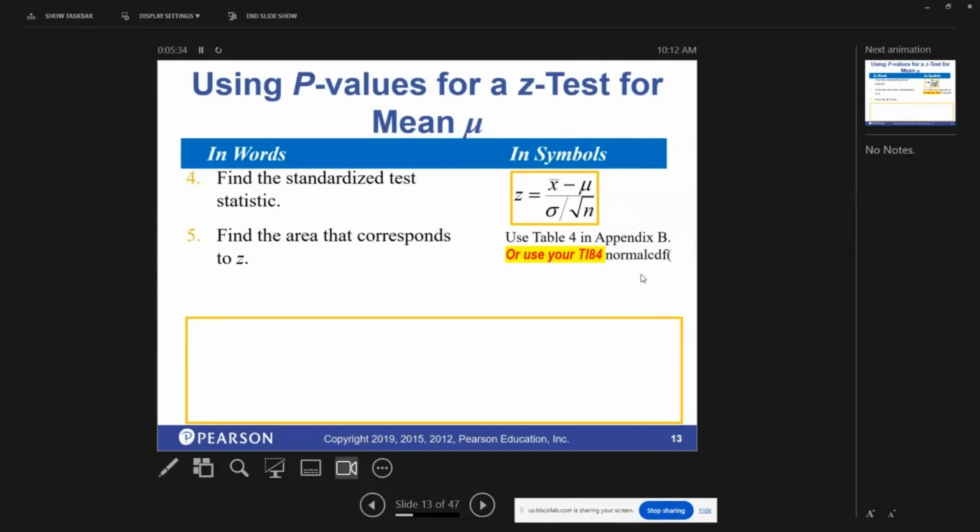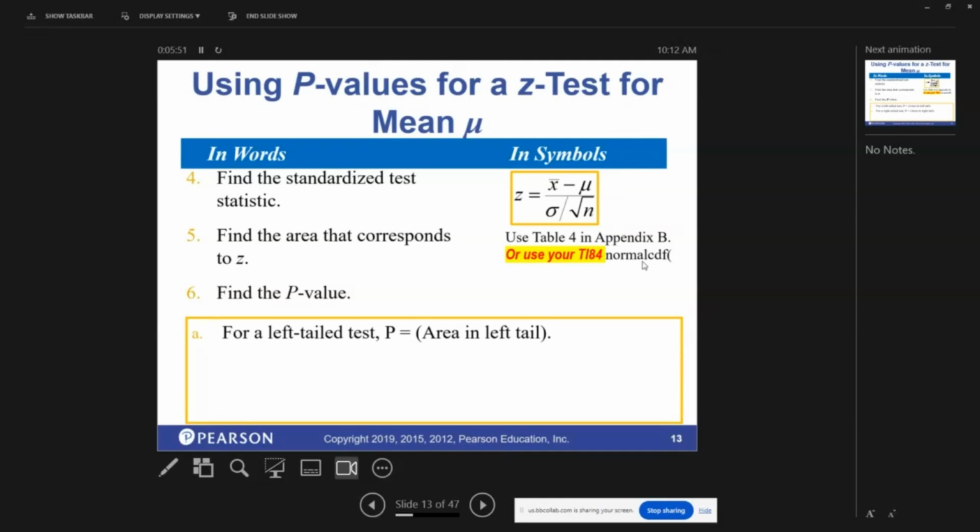So that's probably what you're more comfortable with. So use your graphing calculator. That's where we did the normal CDF. So I put a little note there beside it in case you forget which part to use. And then we want to use that to find our p-value.